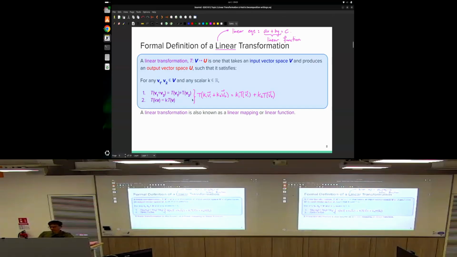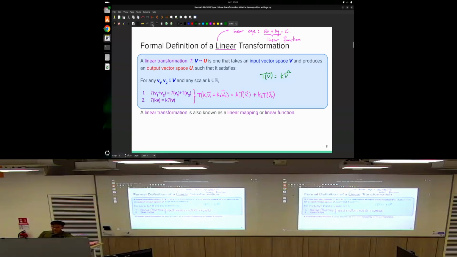Last week, some of you asked me, what is a non-linear transformation? A non-linear transformation is one such that you cannot satisfy the two conditions here, or either of the two conditions. For example, a non-linear transformation can be something like T(v) equals k times v squared. That is not a linear transformation, because you cannot substitute v1 plus v2 into the square and expect it to follow this equality.